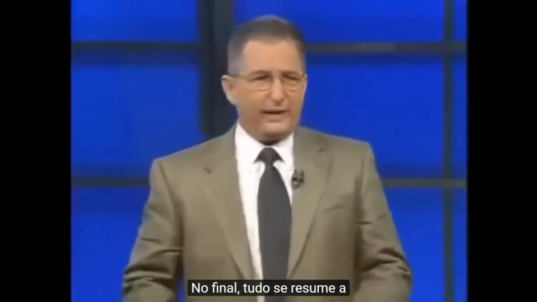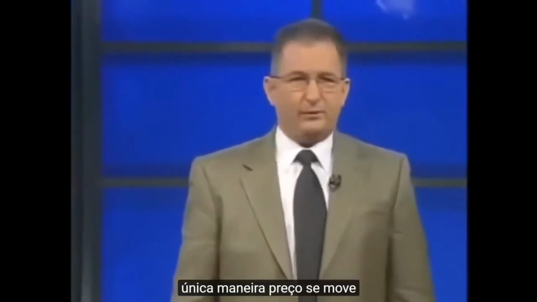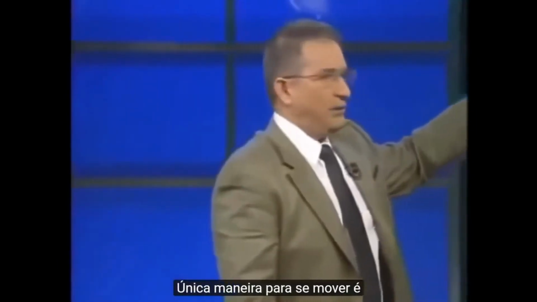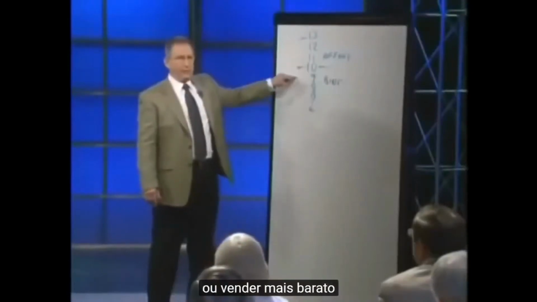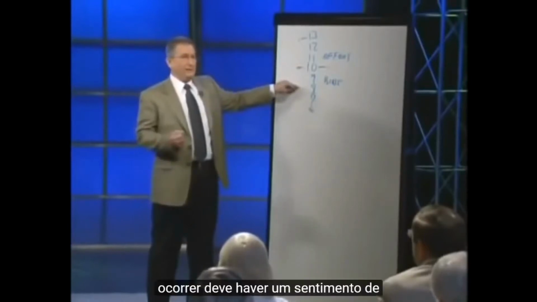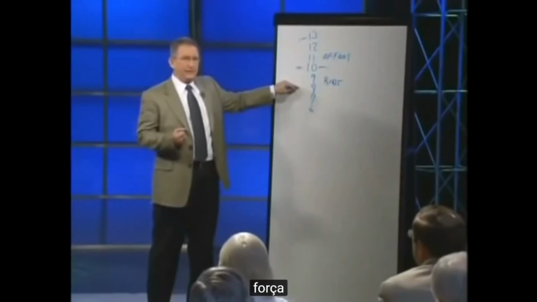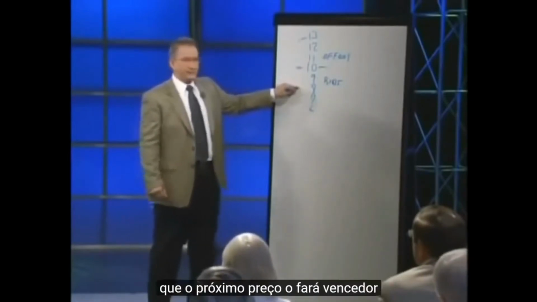Ultimately, it all boils down to an imbalance in conviction. That's the only way prices can move, because the only way they can move is for someone to actually purposefully bid it up or offer it lower. And for them to do it, there has to be a sense of strength in terms of energy in their belief that the next tick is going to make them a winner.